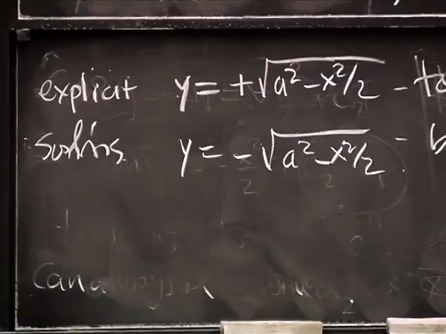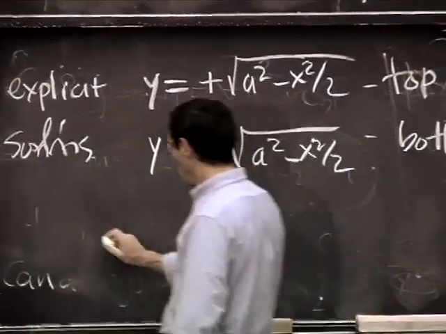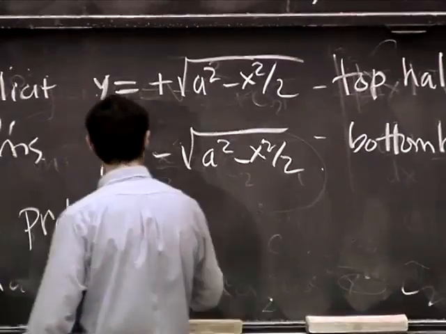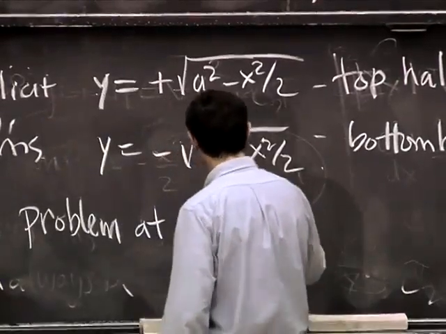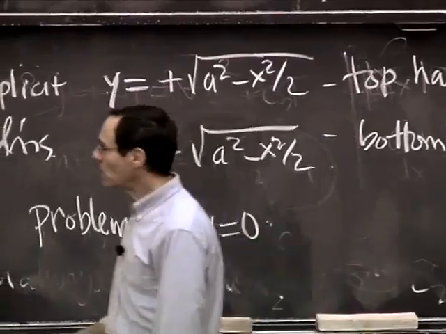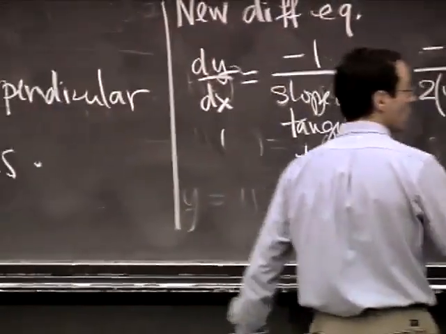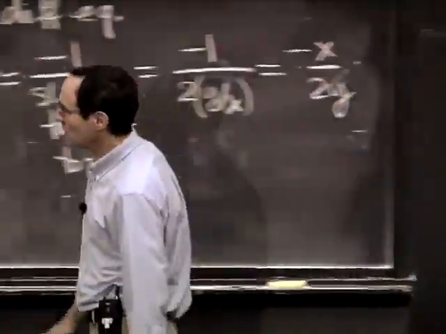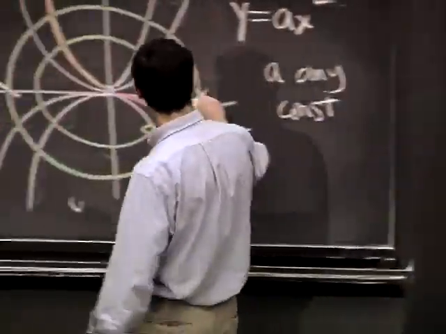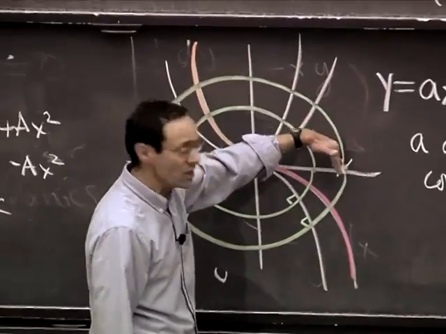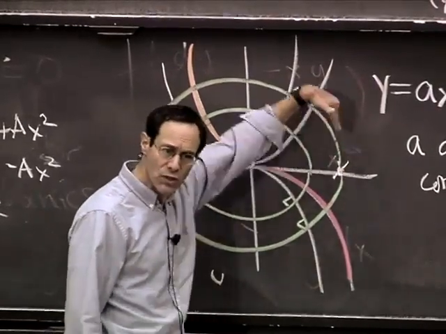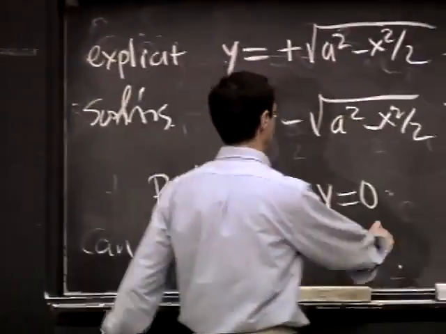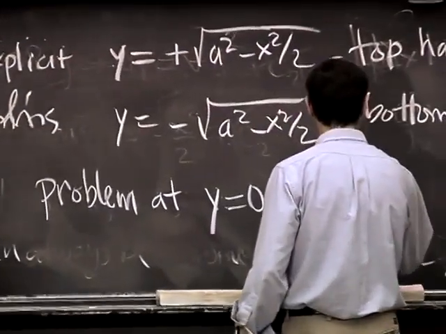And there's something else that's interesting, which is that we have a problem at y equals 0. y equals 0 is where x is the square root of 2 times a. That's when we get to this end here. And what happens is the solution comes around and it stops. It has a vertical slope. Vertical slope.